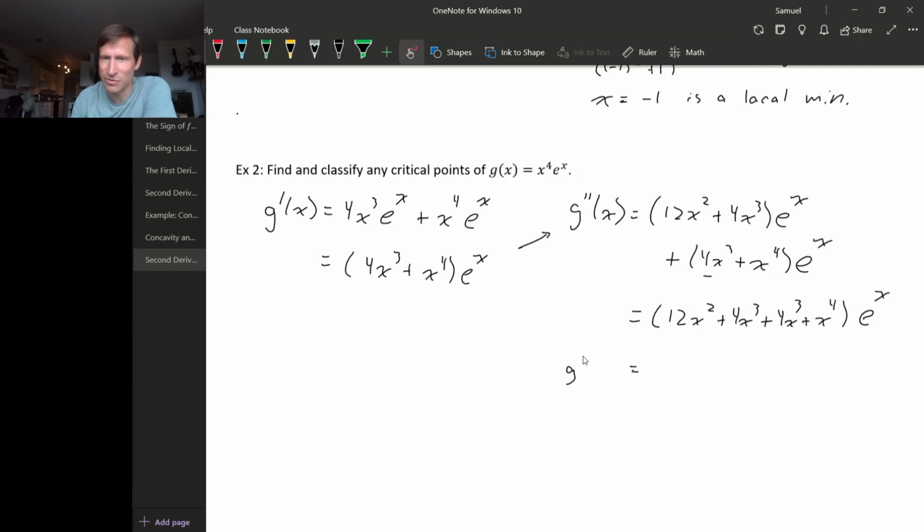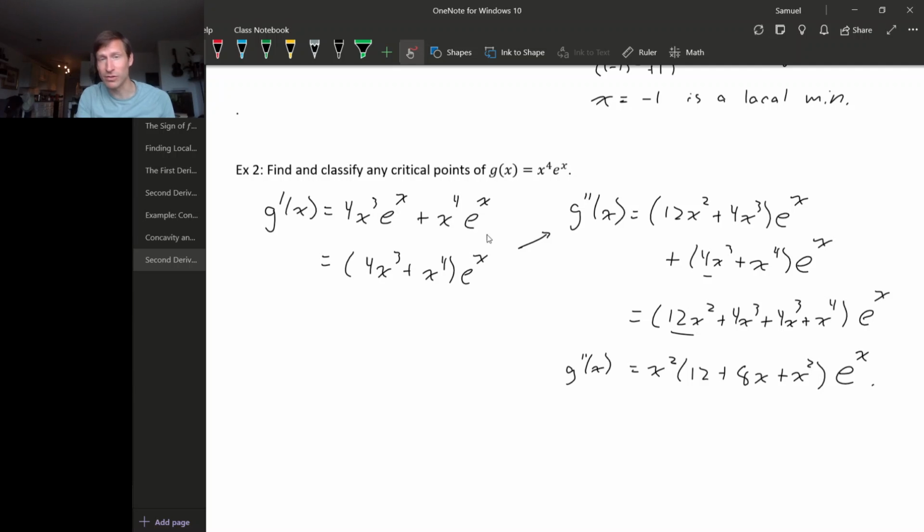So for this second derivative, why don't we factor out x squared out of this mess as well. Factor out an x squared. We're getting 12 from here, plus now 4 plus 4 is 8x, plus x squared, times e to the x. All right, so we have our first and second derivatives.